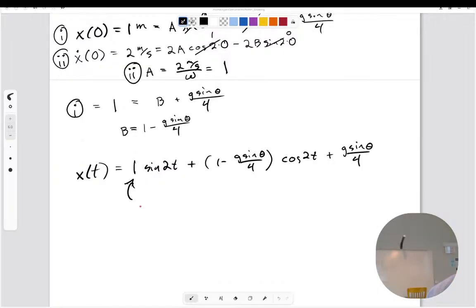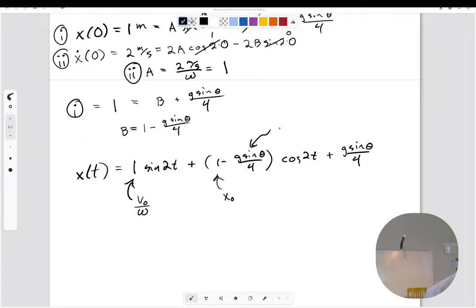Here, this one is our d0 over omega, our natural frequency. That's our initial position, x0, because it was 1 meter.